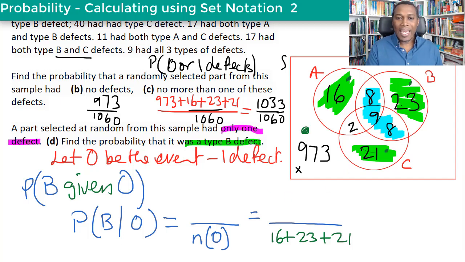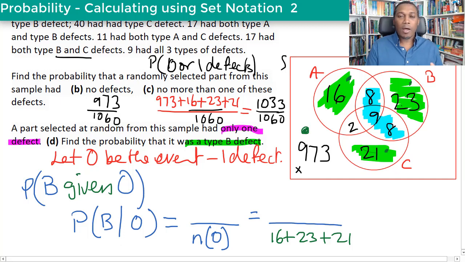So I'm not going to write the total of B. Our filter is only one defect. So it's either going to be 16, 23, or 21, but we want only one defect, and in B. Only one defect, and in B. I use the word and. 23 is the number we're looking for.